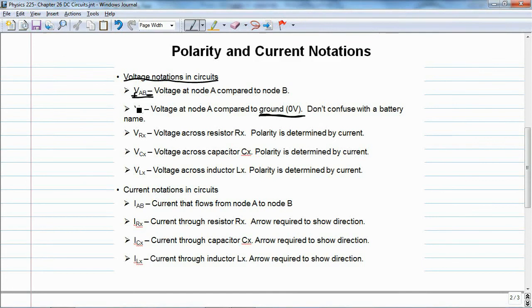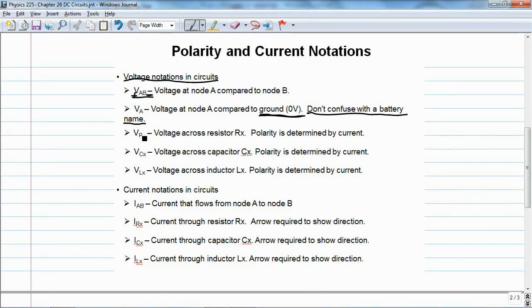So when we just have V sub some letter, number, or whatever, that's the voltage at node A, in this case node A, compared to ground. You don't want to confuse this with a battery name. So that means that node names and battery names are going to have to be different so that you don't run into that problem.